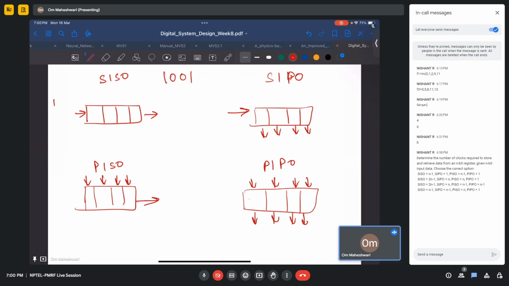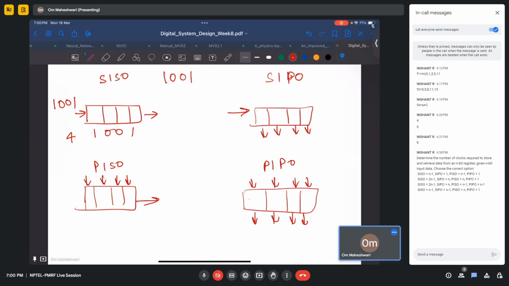So to put in 1001, in the first cycle this one will go here, second cycle here, third here, fourth here. In 4 cycles, you will have 1001.